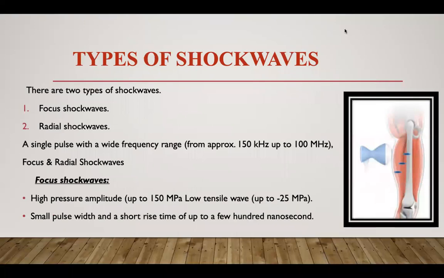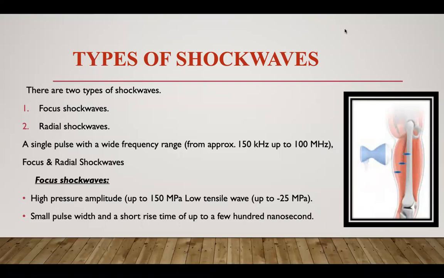There are two types of shock waves. First one is the focused shock wave. Second one is the radial shock wave. A single pulse with a wide frequency range from approximately 150 hertz up to 100 kilohertz. Focused shock wave has high pressure amplitude up to 150 megapascal, with negative pressure up to minus 25 megapascals.